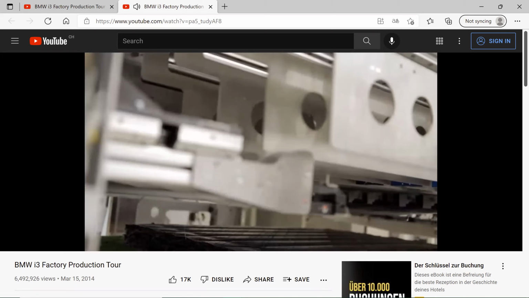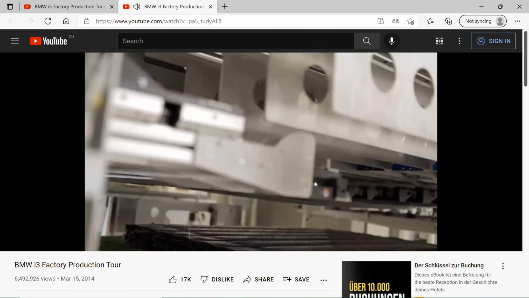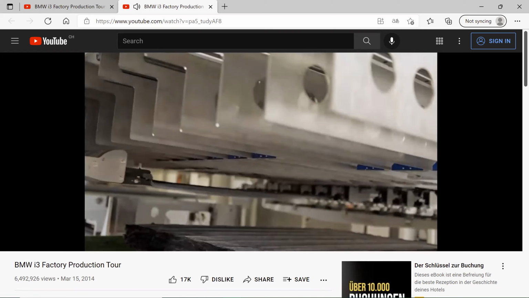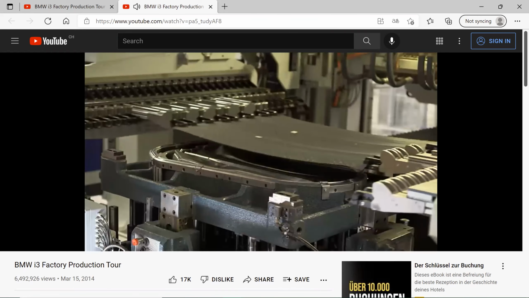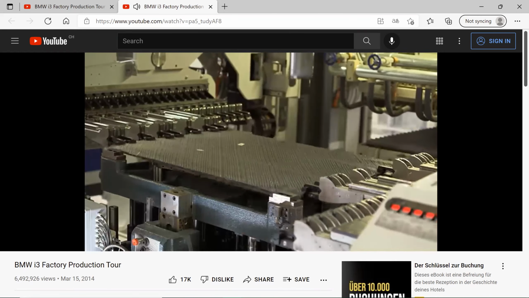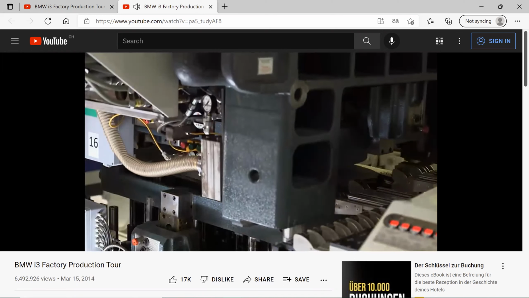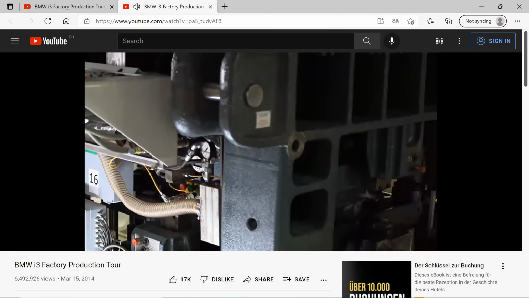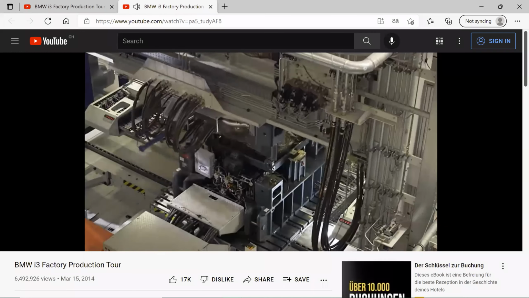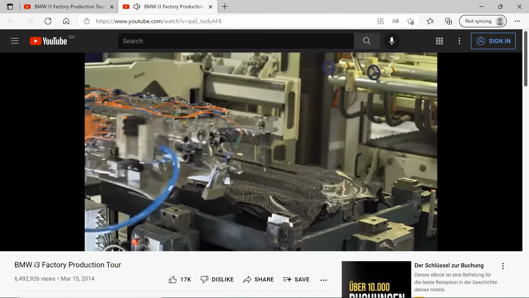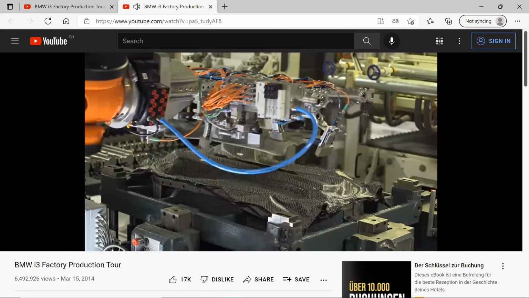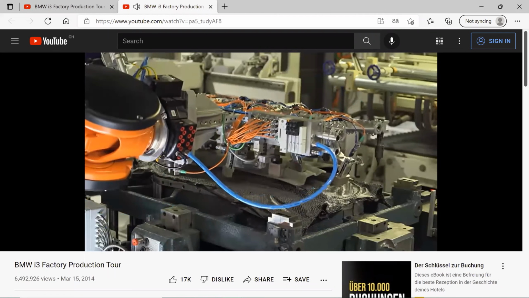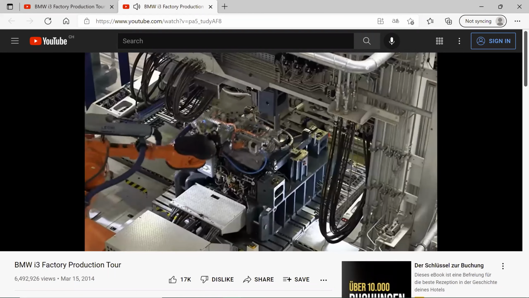This is a preforming tool, so this has got some powder binder in, and they're preforming the dry fabric into a preform in a press. Now picking up the preform using vacuum suckers.